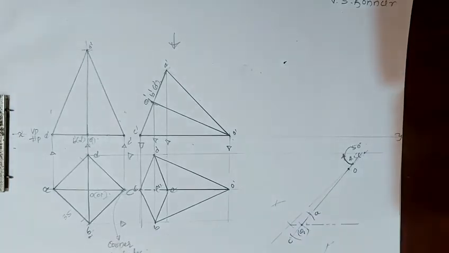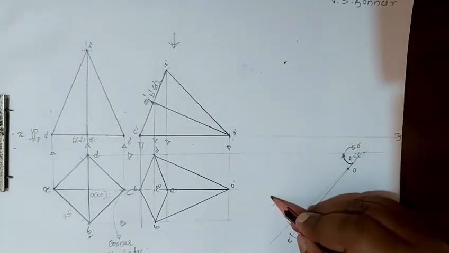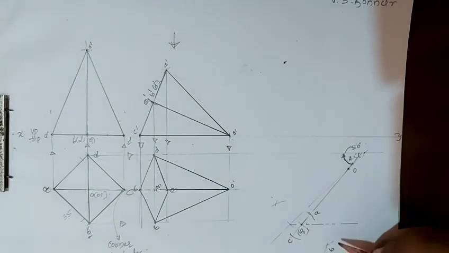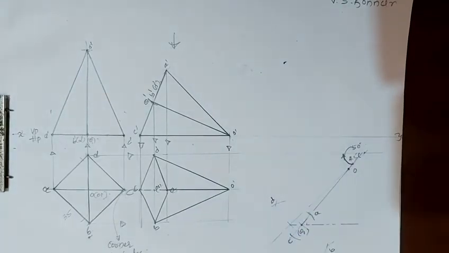So we'll get B point, D point, and then we'll join all the points.